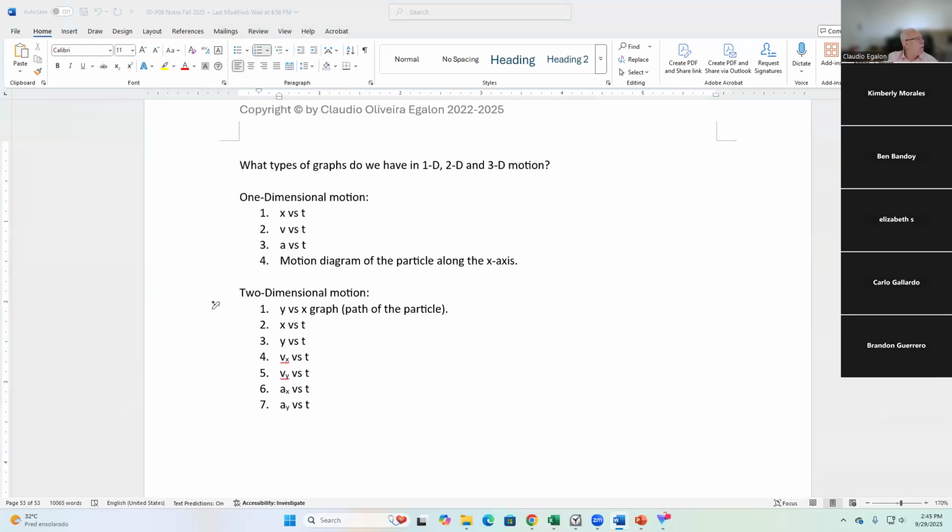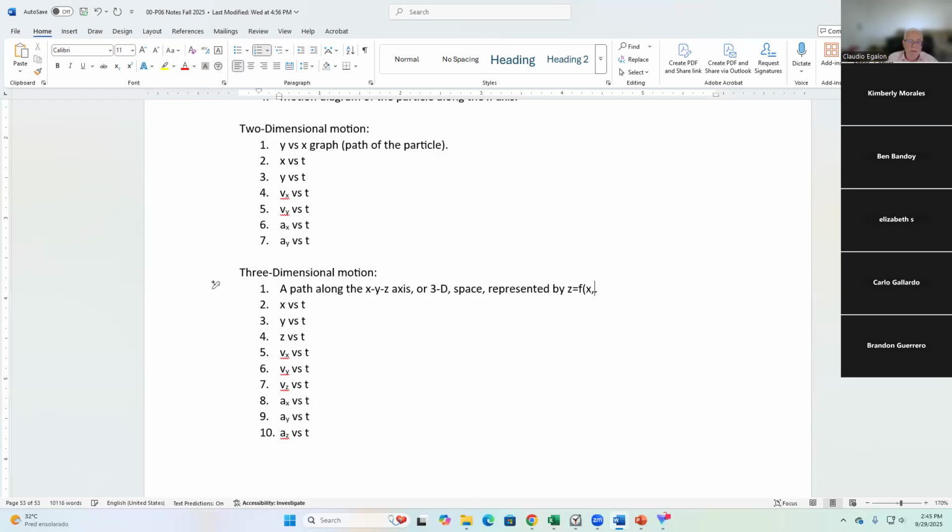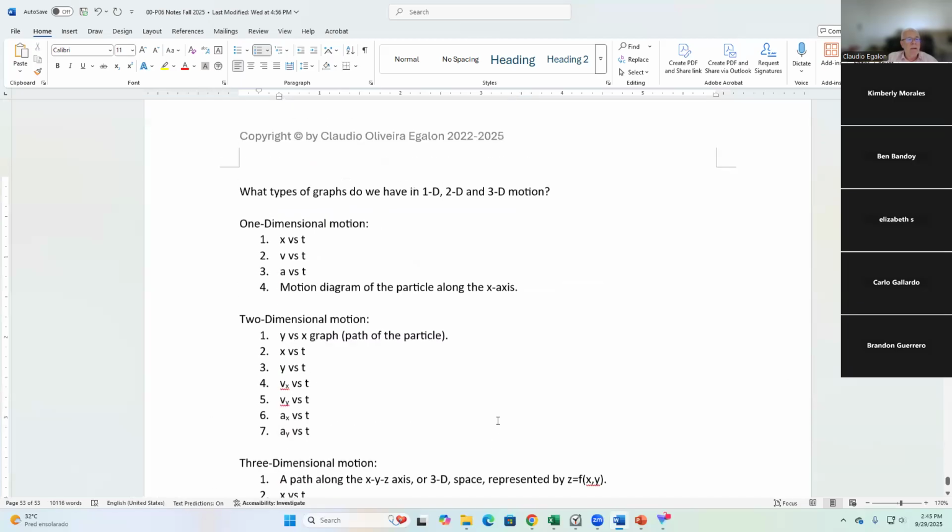For the three-dimensional motion, you have a path in the 3D space, along the XYZ axes, represented by Z as a function of X and Y. Then we have X versus T, Y versus T, Z versus T, Vx versus T, Vy versus T, Vz versus T, a total of 4.